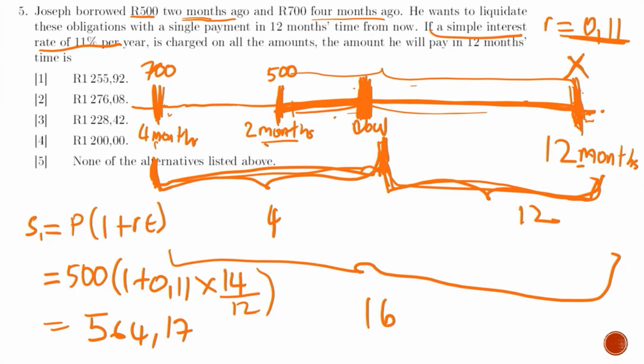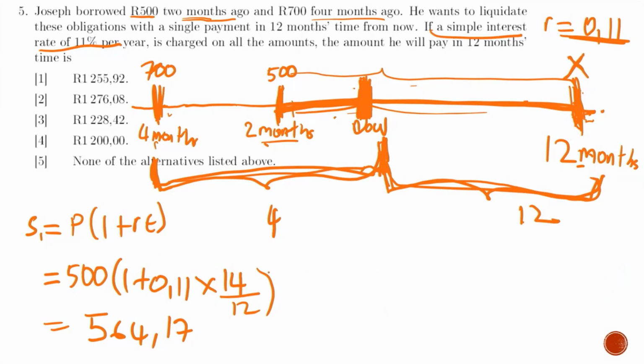So we will do some more of these questions so you can see where the time value for money takes place, whereby you've got the reference for now going backwards, and then you've got now going forward. So another accumulation is for the 700, which we said from 700 you've got 4 months to now, and then now to 12 months, which is going to make 16.